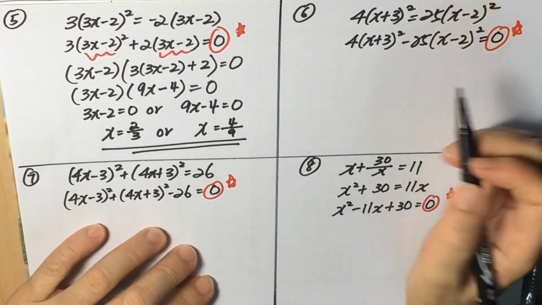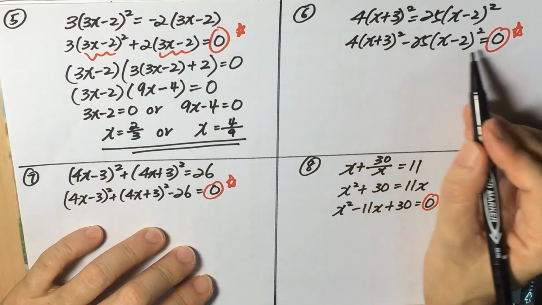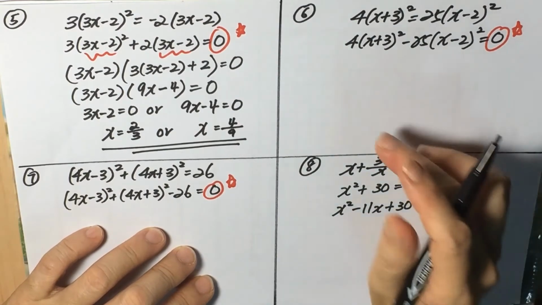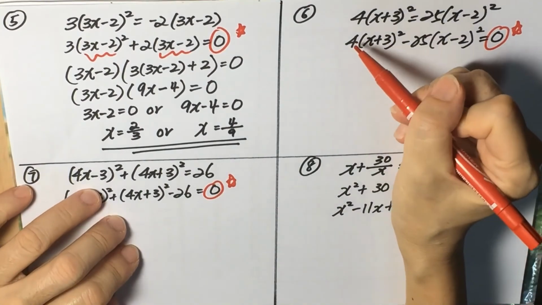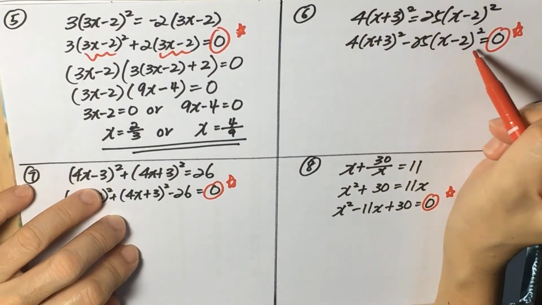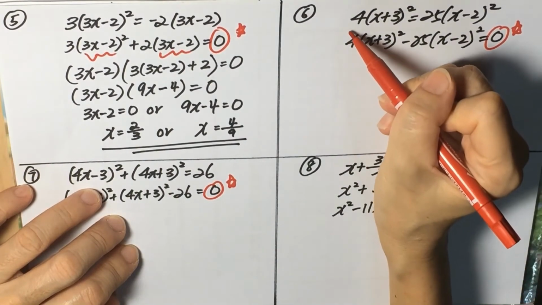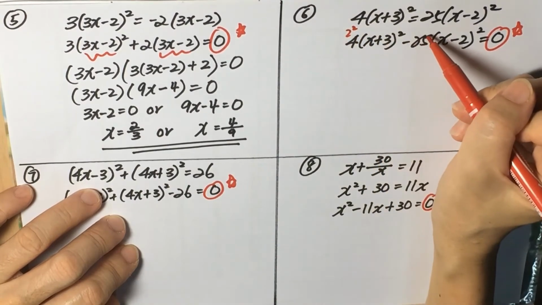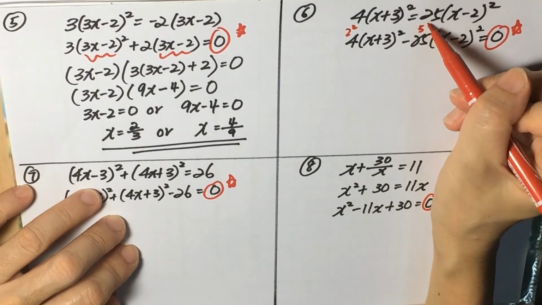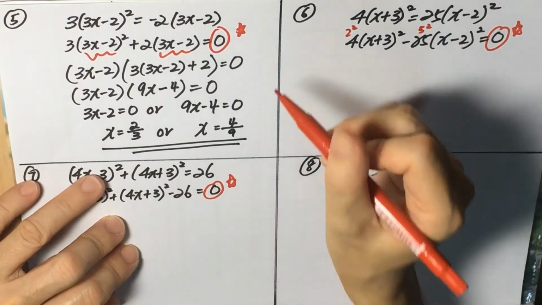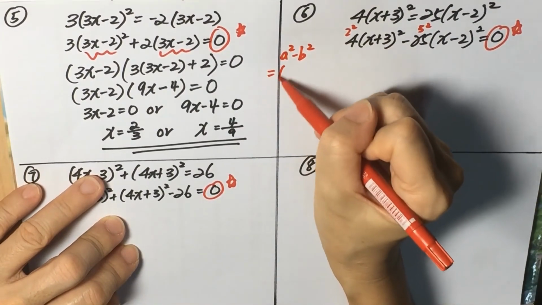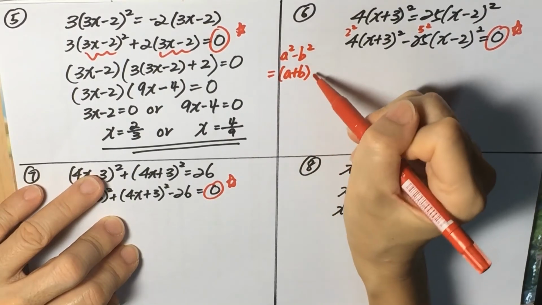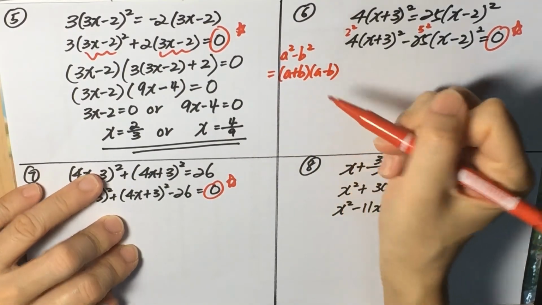Question 6: you can see that if you were to expand out the whole thing, it's going to be tedious. But can you see that this is actually a squared minus b squared. This 4 can be changed to 2 squared. This 25 can be changed to 5 squared. So a squared minus b squared can be factorized to (a plus b) times (a minus b).